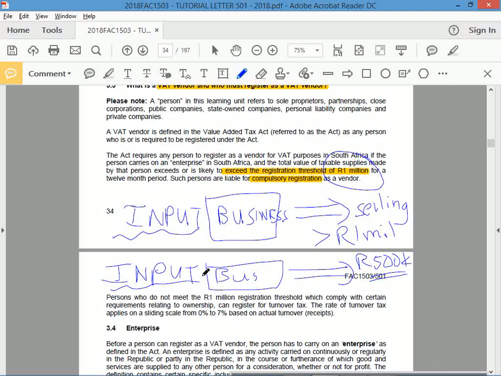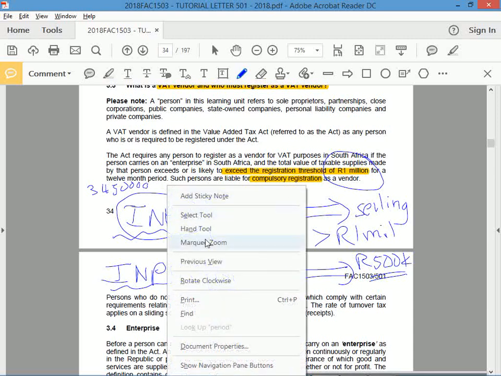That's why most businesses, when they grow and get bigger, would want to register as a VAT vendor, because this is a lot for certain businesses. Let's say you buy a vehicle worth 345,000, and you're using that for the business.